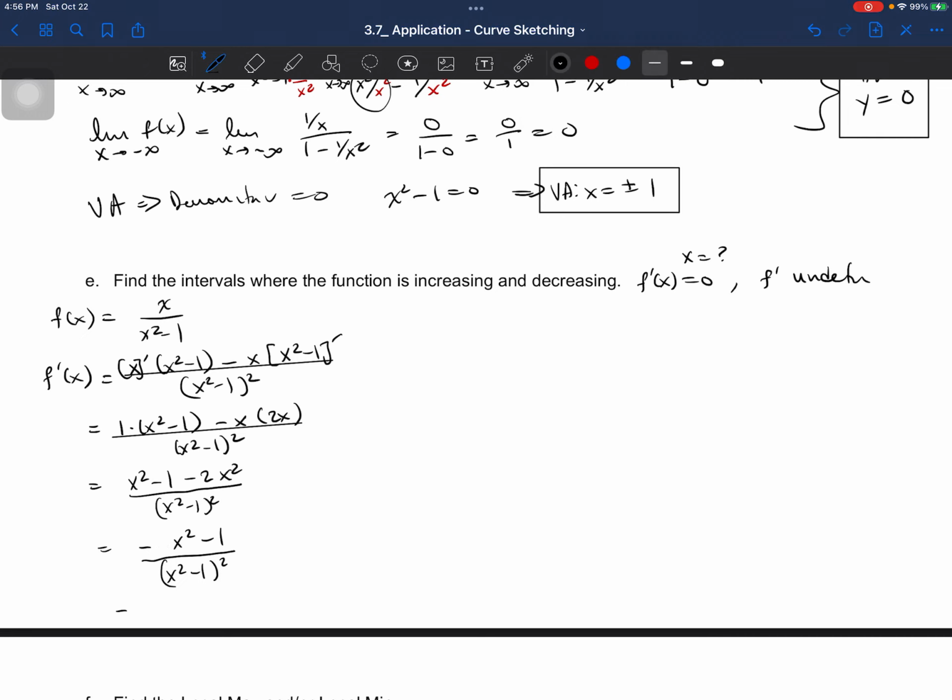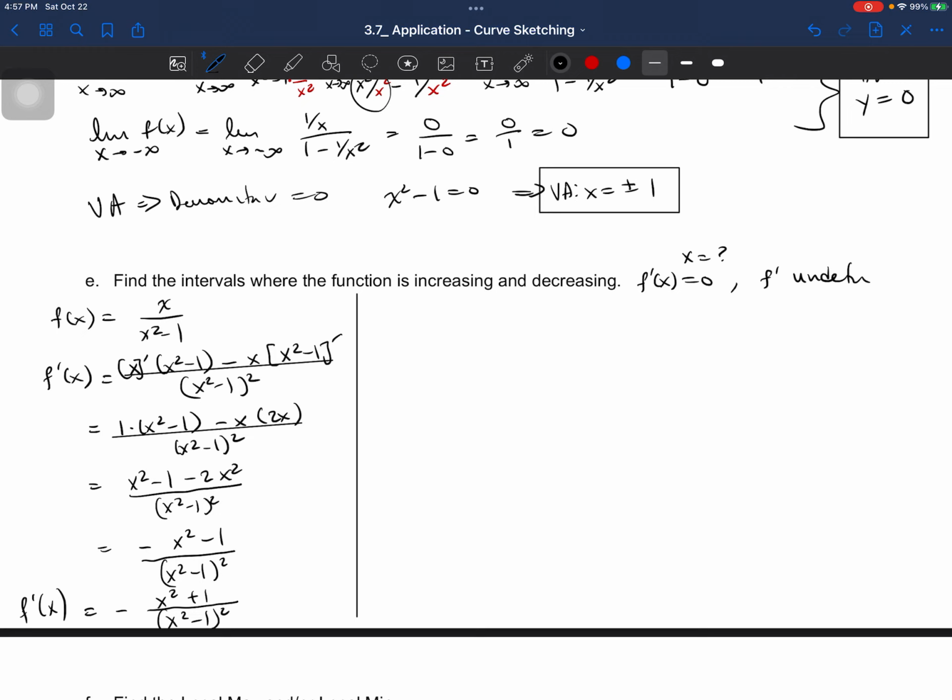That's supposed to be x squared minus 2x squared, which is negative 1x squared. Because they both have a negative, we can factor it out. So it's going to leave us with negative x squared plus 1 over x squared minus 1, squared. So that's your first derivative.